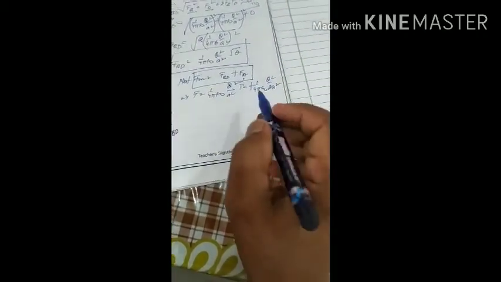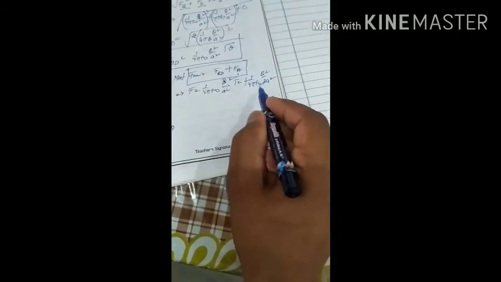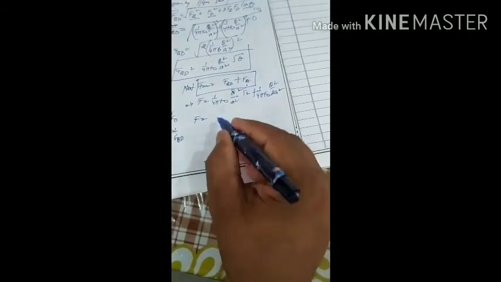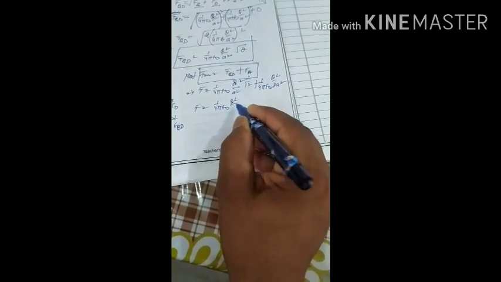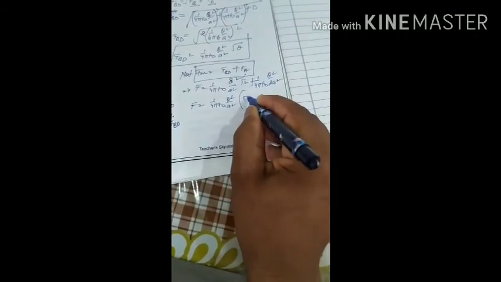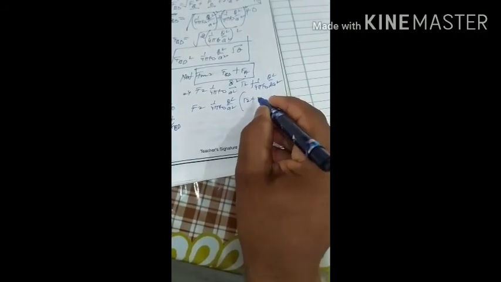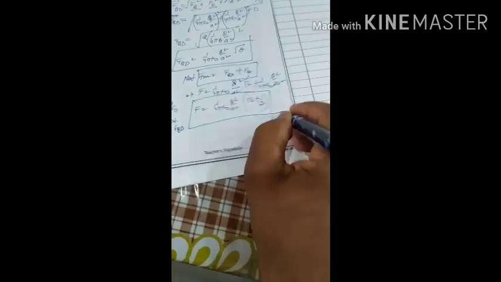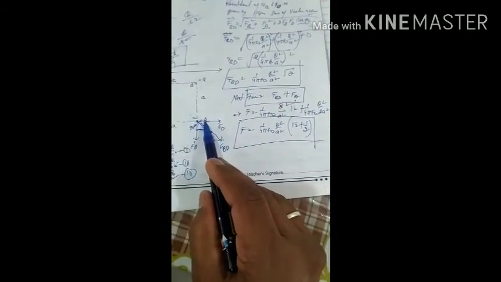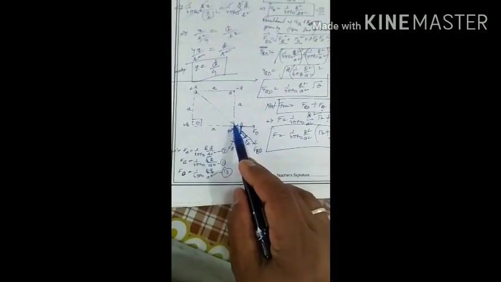We take the common factor 1 upon 4 pi epsilon naught Q square upon a square, and we are left with root 2 plus 1 upon root 2. So this is the net force on the charge plus Q which is placed at point C.